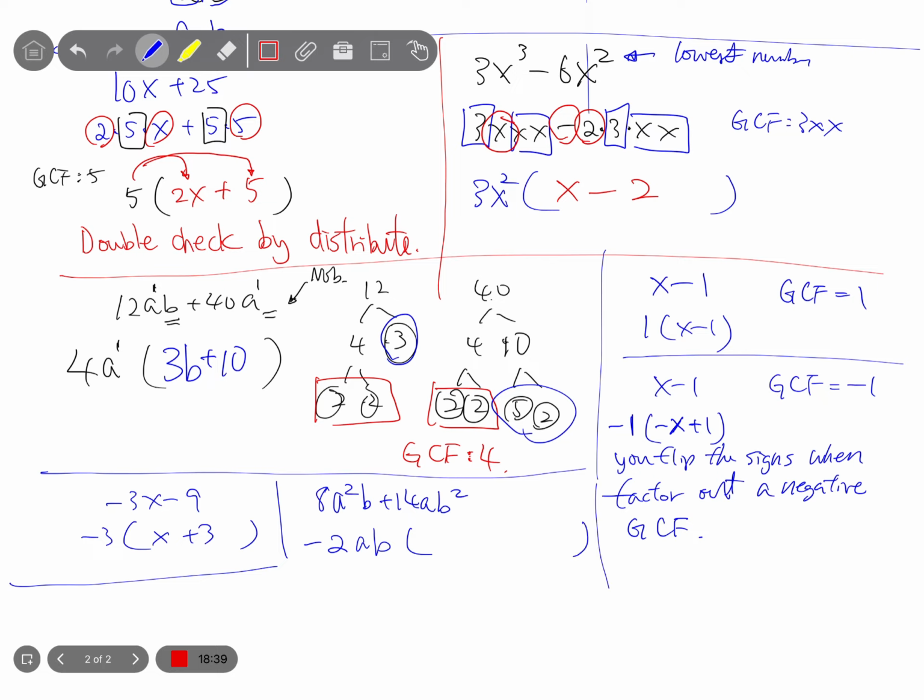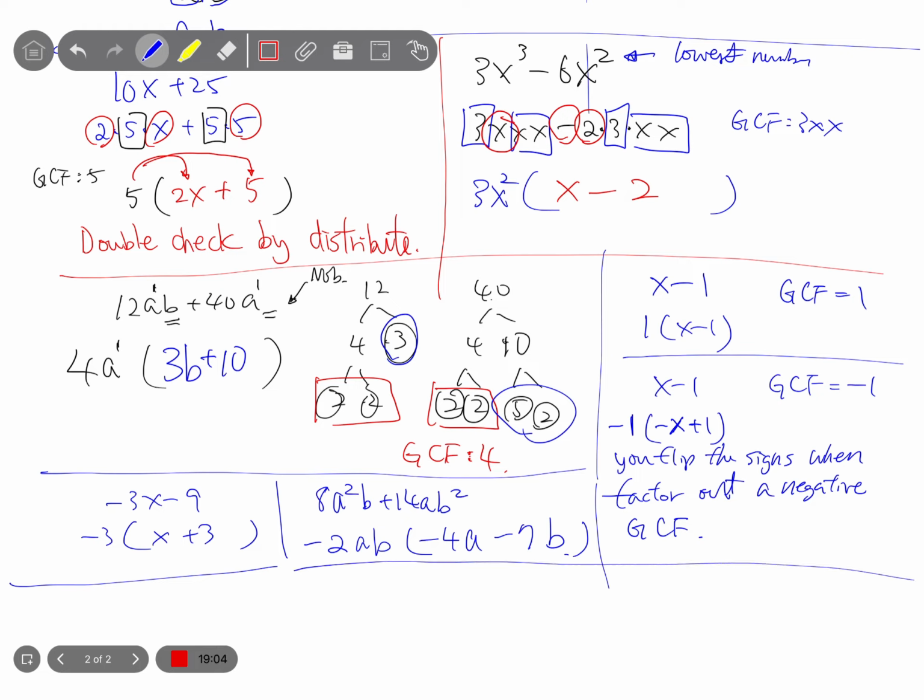So from here, negative 2 times what is positive 8a squared b? Well, it's got to be a negative 4a. And the plus 14 is going to have to turn into a minus 7b.